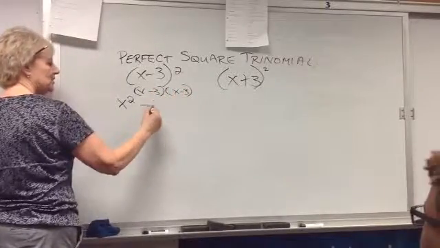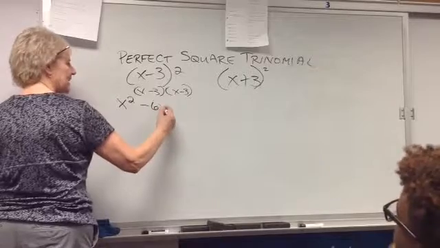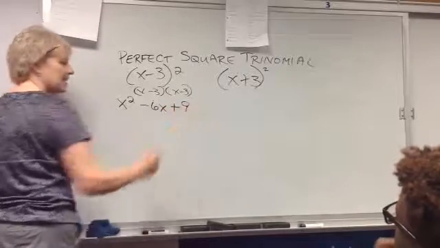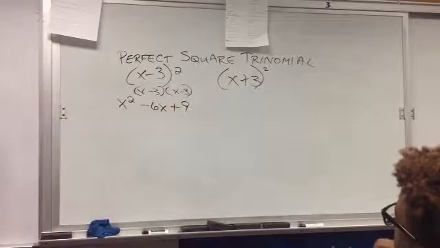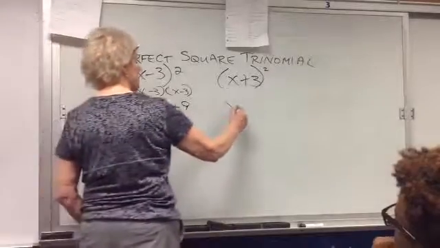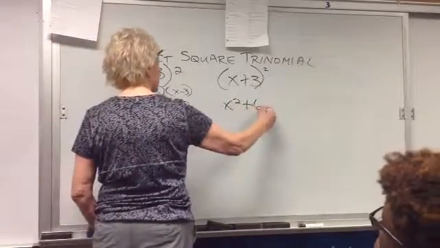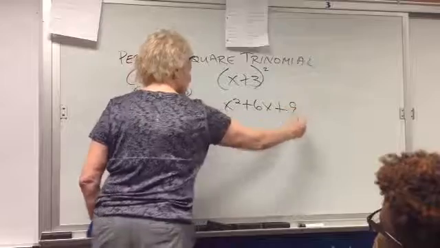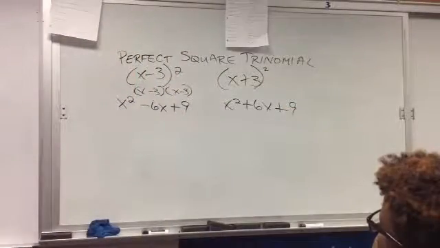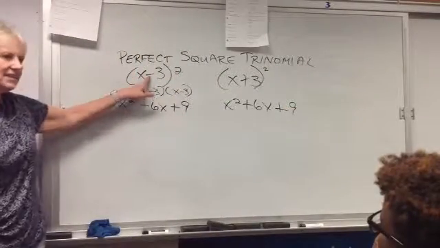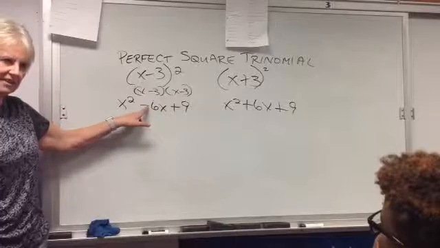You got x squared minus 6x plus 9, didn't you? And this one you should have got x squared plus 6x plus 9. See the difference? When it's minus, you got to have a negative here.